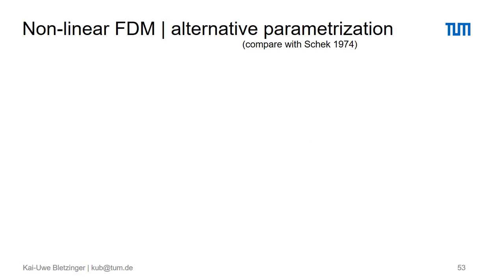I recommend that you take a look at Hans-Jörg Schek's paper from 1974, which I briefly had shown you in the introduction, where I also recommend the things that we do now in the following.